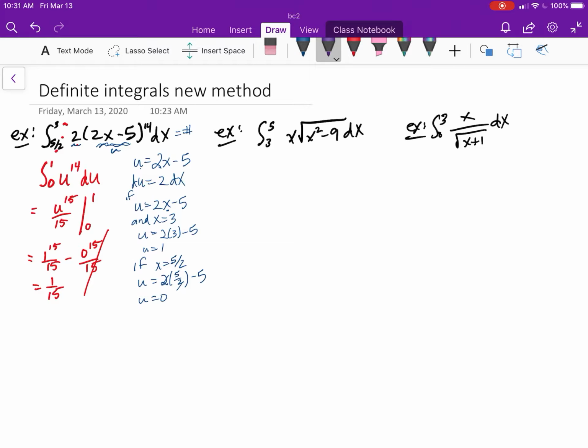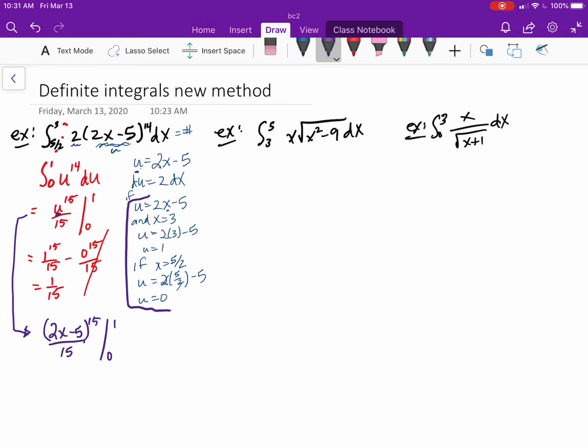Now, if we didn't do this, you don't have to, right? All of this, I was explaining how to change those bounds. If I went back to substituting u, okay, so there was my result, and I'm going to go back to x's, then I'd have 2x minus 5 to the 15 over 15 from 0 to 1.